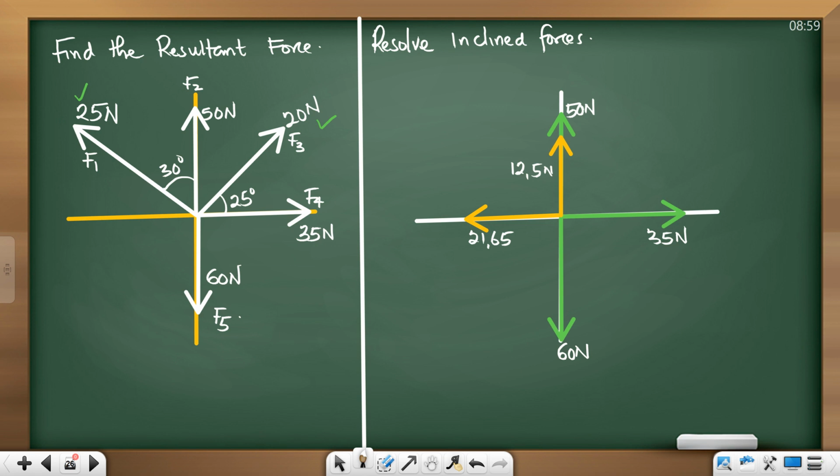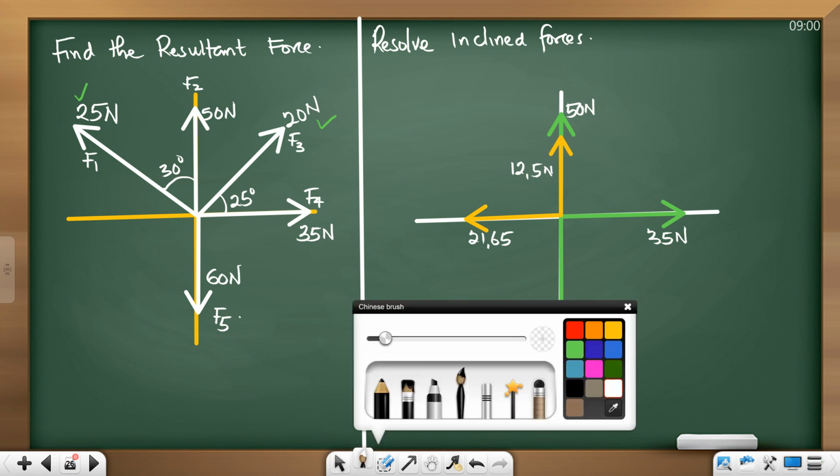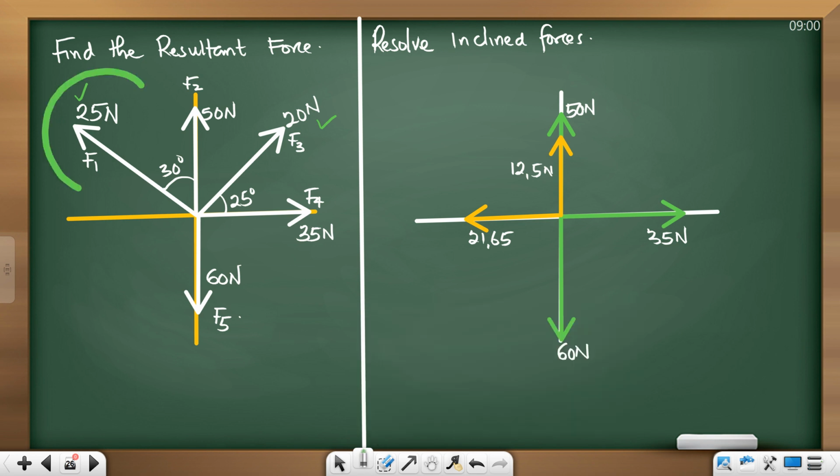There's no need to resolve that. 35 was horizontal. There's no need to resolve. 60 vertical. There's no need to resolve. We took F1 and changed it into vertical and horizontal. Great. Everybody seems to be on the same page with me.